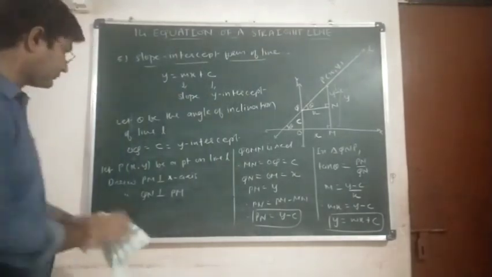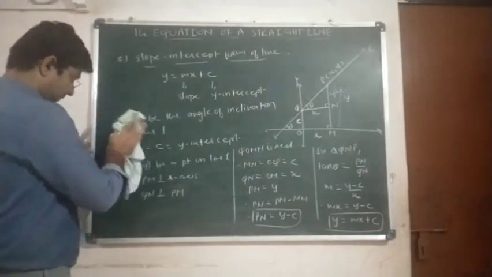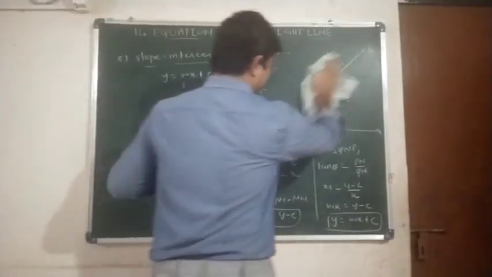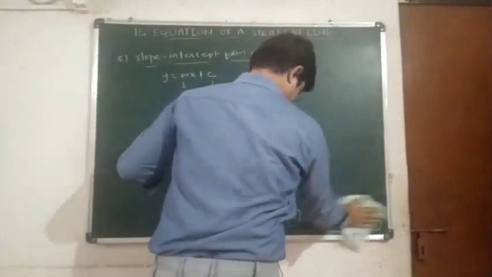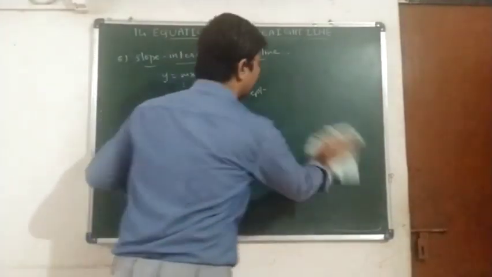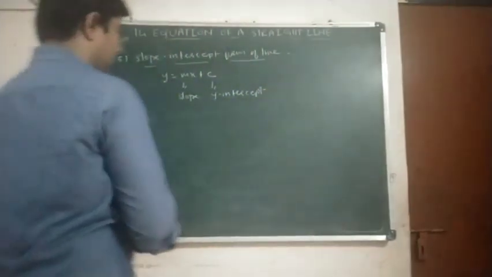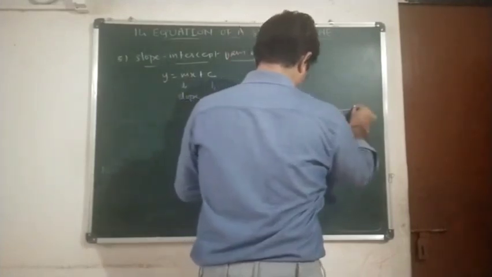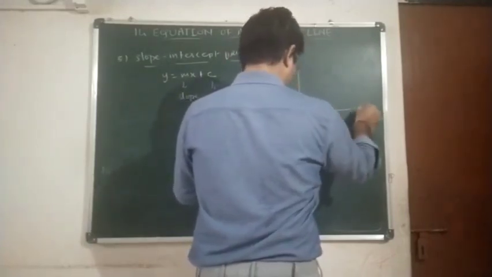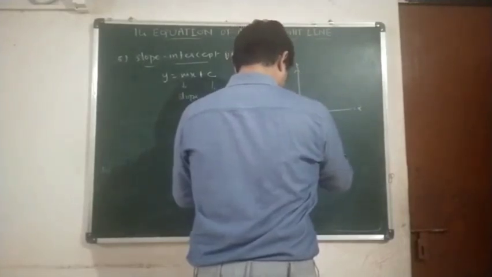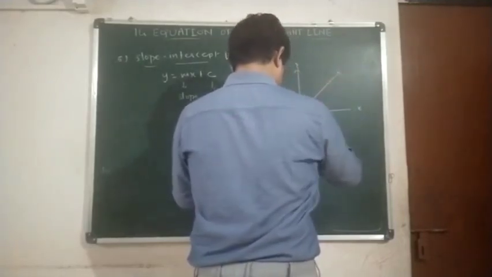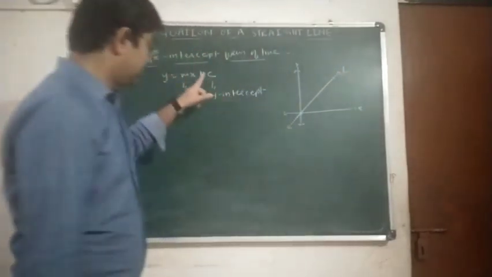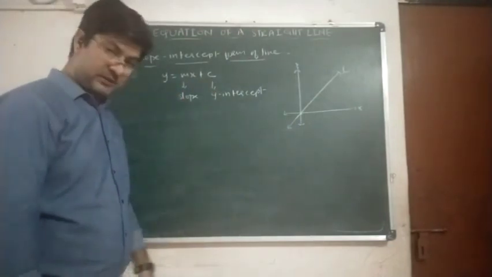Now what will happen if the line does not make a y-intercept, or in other words, suppose a line is passing through the origin O? In that case the value of the y-intercept will be 0, yes or no?